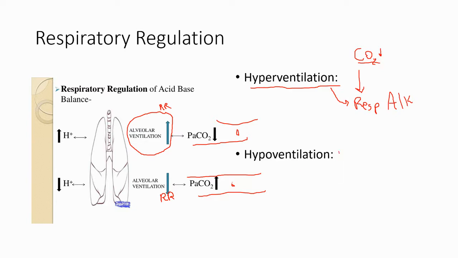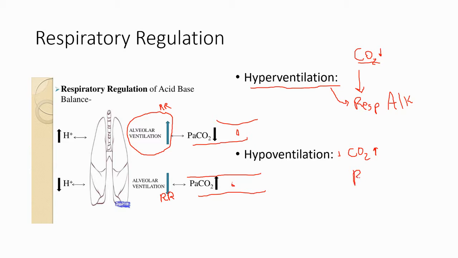Hypoventilation, now my respiratory rate is low, or I'm breathing very shallow, I'm not ventilating all the way down to my bases. CO2 is going to accumulate in the blood because I can't blow it off. CO2 goes up. Anytime there's a problem with CO2, it immediately clues you to there's a breathing problem. It's respiratory because CO2 is the respiratory component.